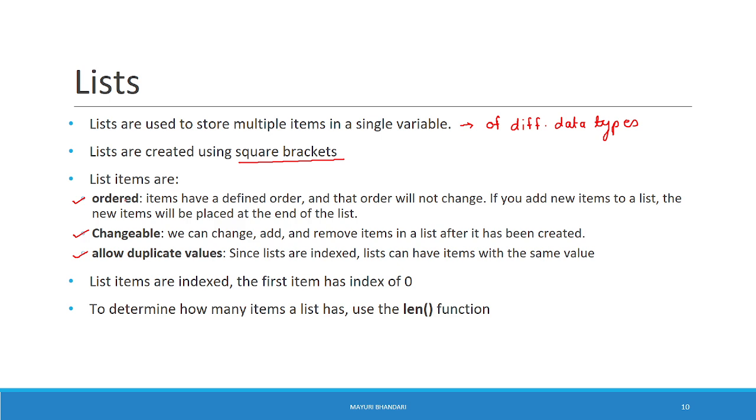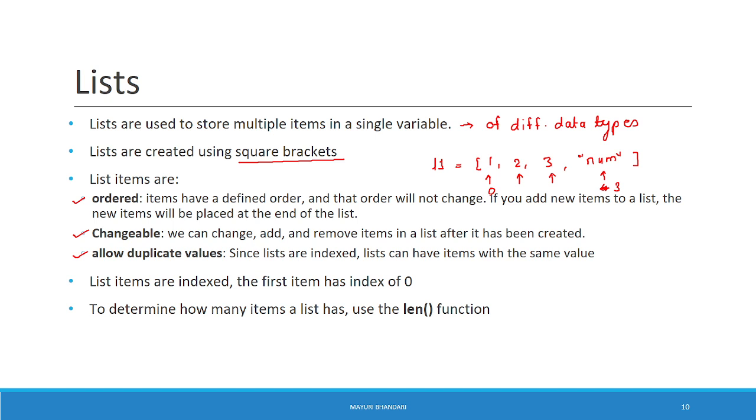First is ordered. What do you mean by ordered? Ordered means just like array, list items will have an index. Those items have a defined order and that order will not change. Once you define a list like L1 is equal to, let's say, 1, 2, 3 and one string, this will always have index 0, this will always have index 1, this will have 2 and this will be 3.